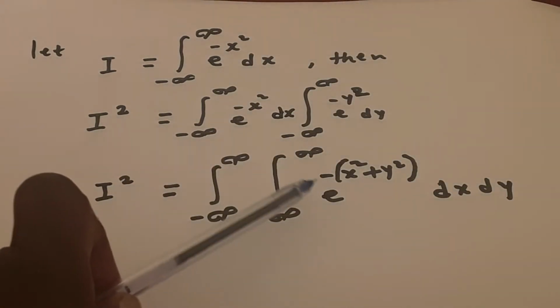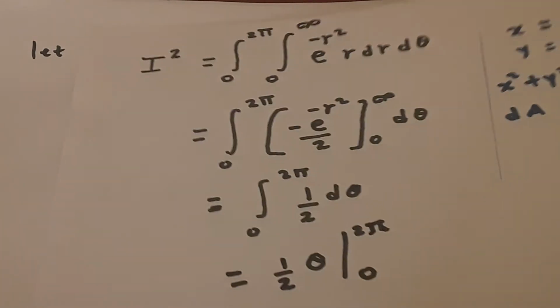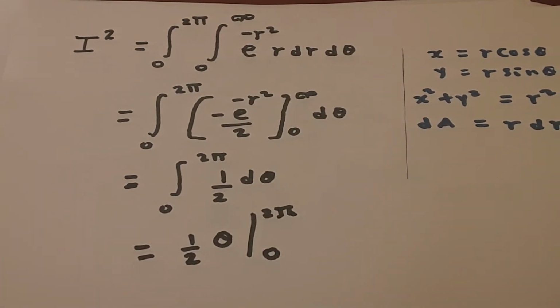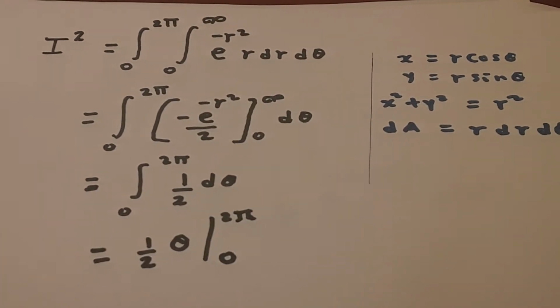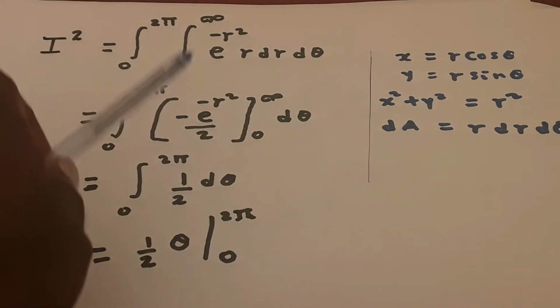We introduce polar coordinates. This is the Cartesian coordinate system. Then we use the polar coordinate system using the relation between r and theta. So we have I squared from 0 to 2 pi, from 0 up to infinity.